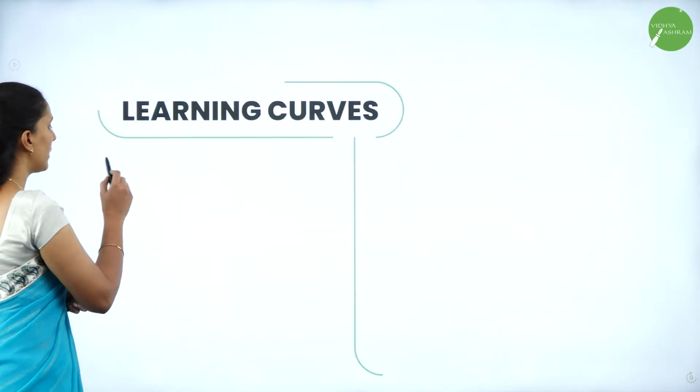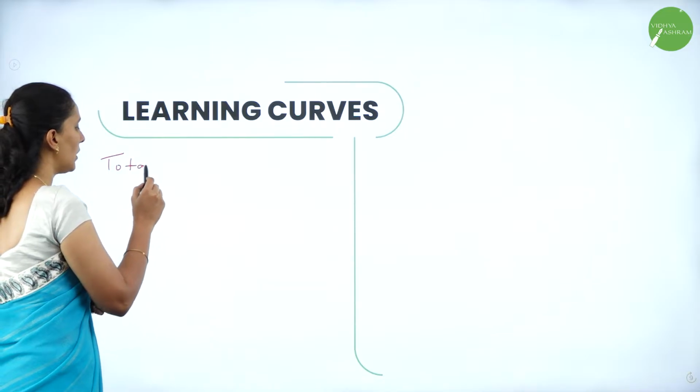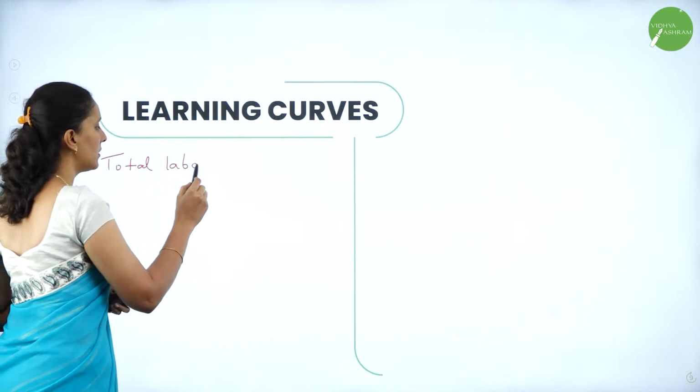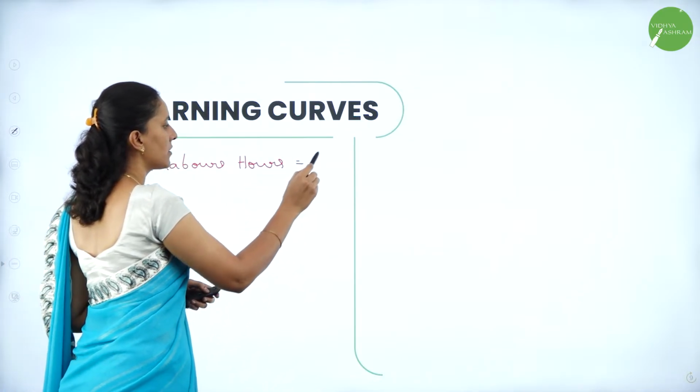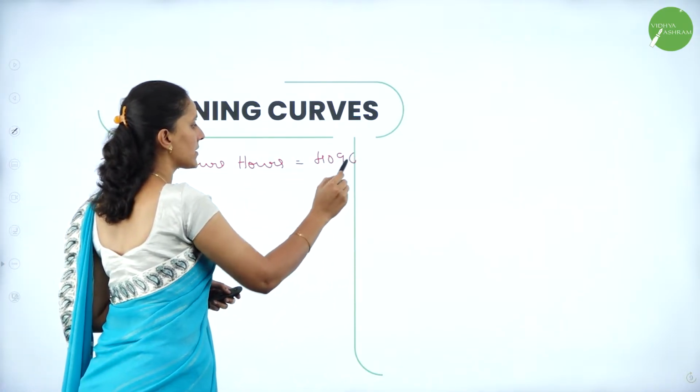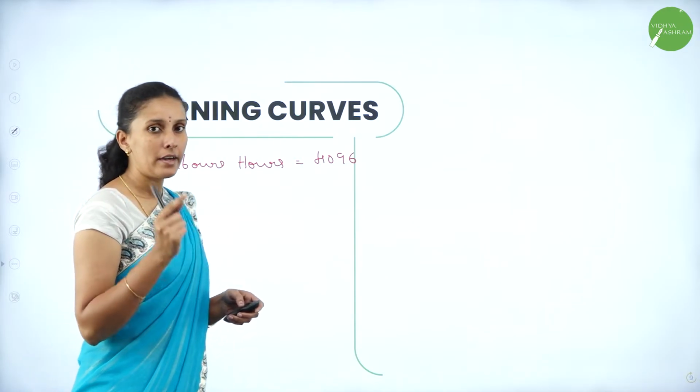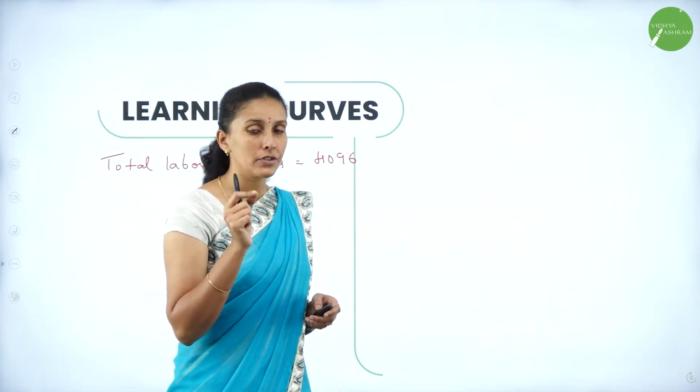Thus we can conclude here that the total labor hours is 4096. The cost of labor per hour is rupees 40.